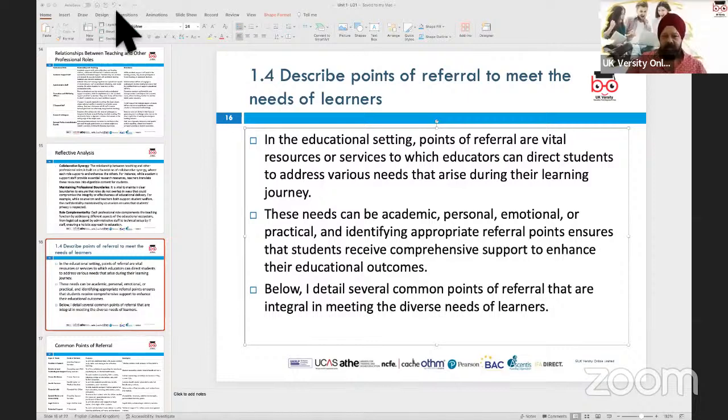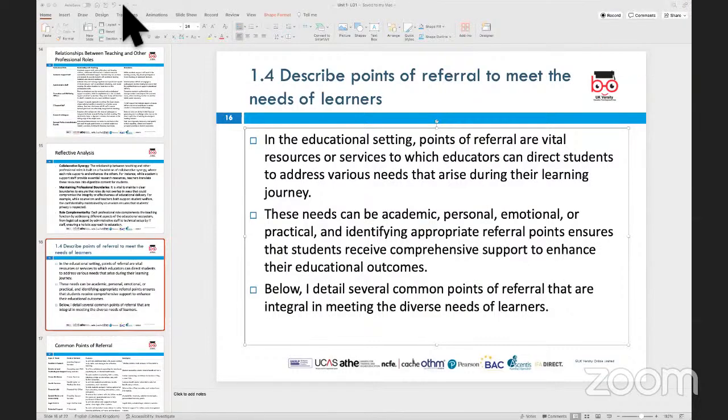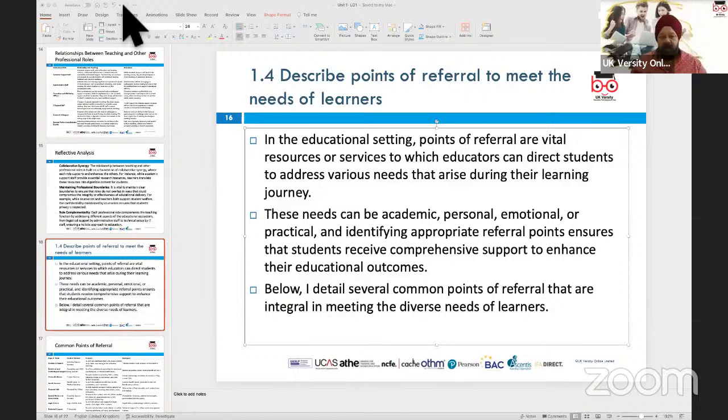To a certain extent, yes, but not entirely. What I mean by point of referral is when we talk about students or children in general, referring to benchmarks. For example, if I study this qualification, which is the awarding body, what are the standards that I'm going to meet?